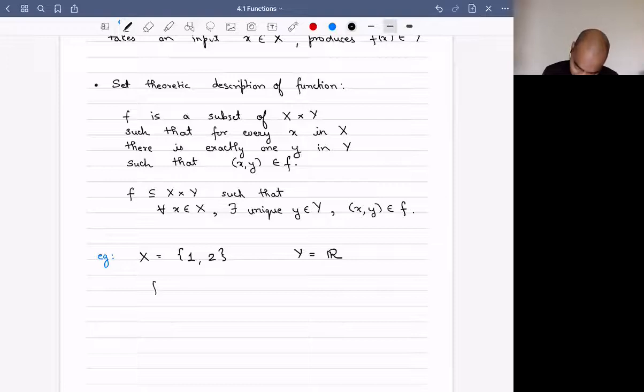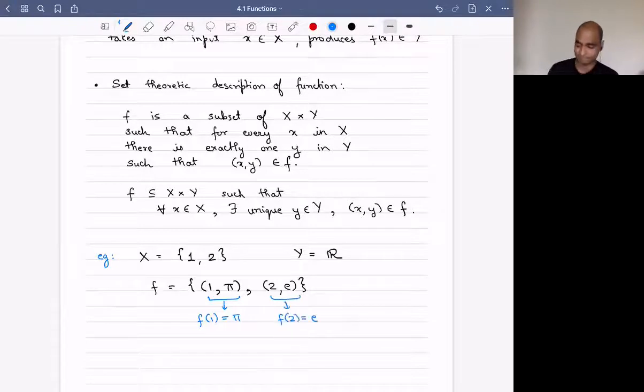So I can say that f is {(1, pi), (2, e)}. And this is a totally valid function. And what this notation is saying is that f of 1 is pi, f of 2 is e.